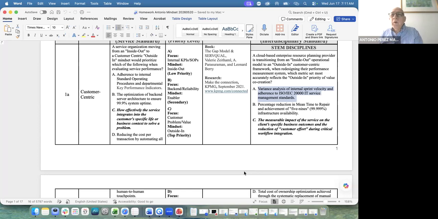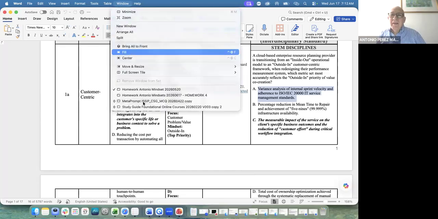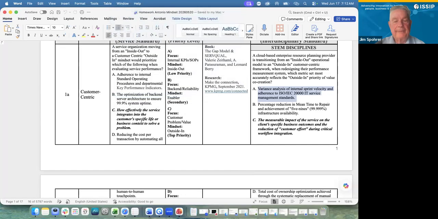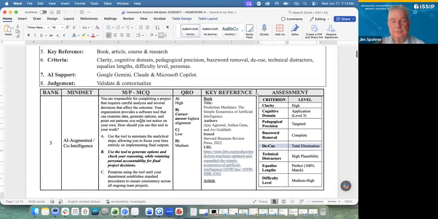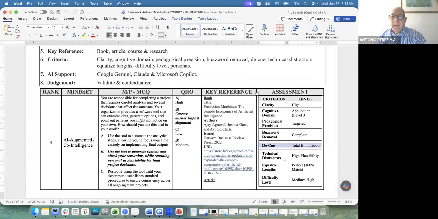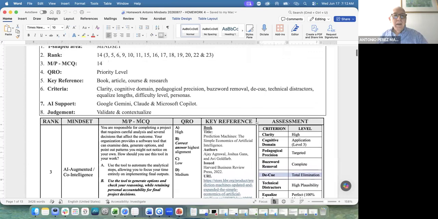So you don't have to go to the question to measure what you are trying to measure. That was because that one is in my homework. For today's next homework, I just put one question with the criteria, the assignment. This is the first question.